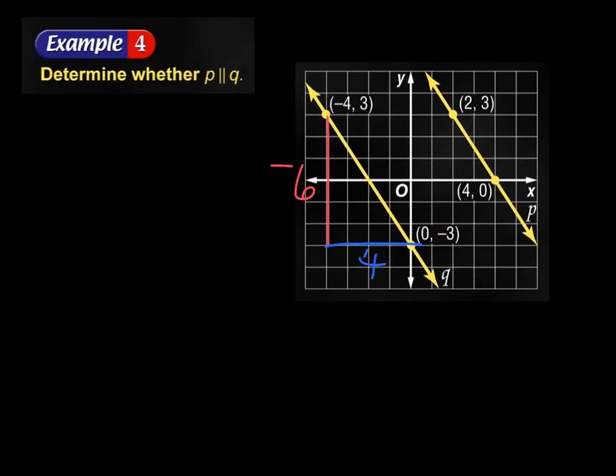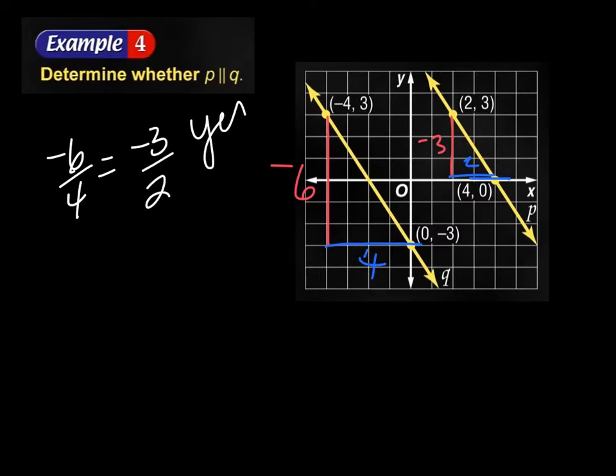The other line is going down 3 and over 2. So -6/4, if we reduce it, is the same as -3/2. So I would say, yes, the lines are parallel.